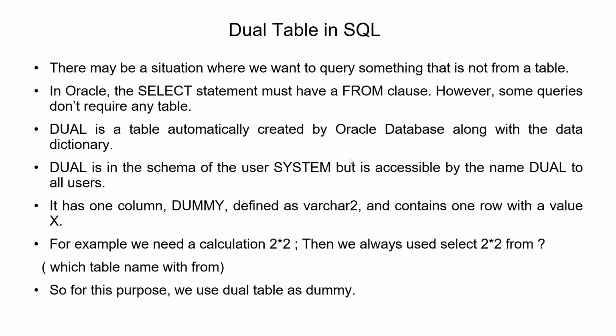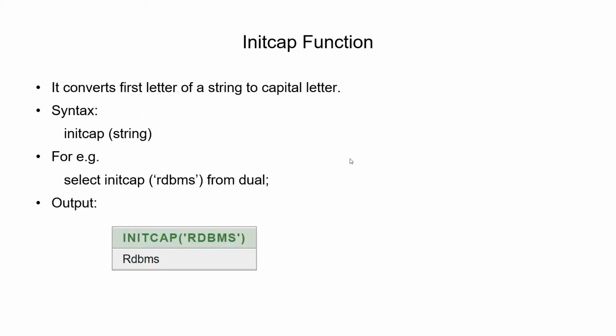For example, if we need to calculate 2 into 2, then we always use select 2 into 2 from the table name. But there is no table because we have not stored that value. So for this purpose, we use this dual table as a dummy. Means if you don't have any table and if you want to evaluate something, then we can use the dual table.